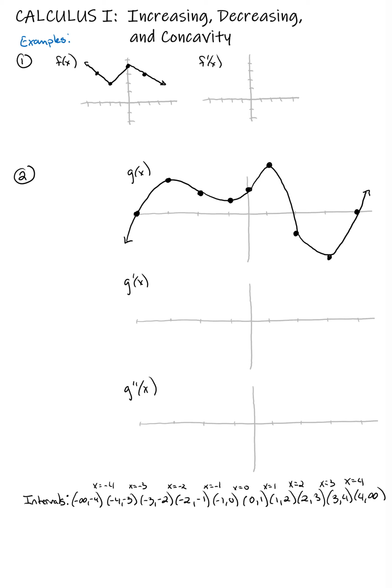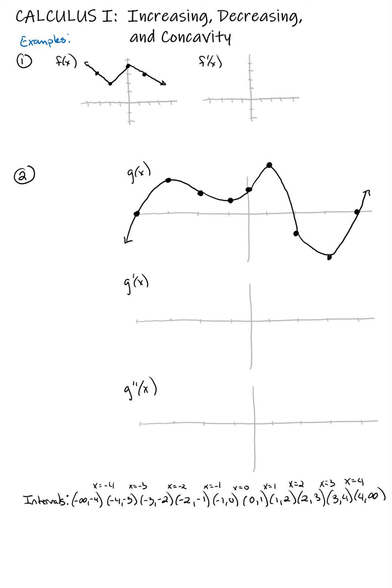I want to take a look at increasing, decreasing, and concavity of functions with respect to the derivatives. Let's start with this first example where I have f of x.